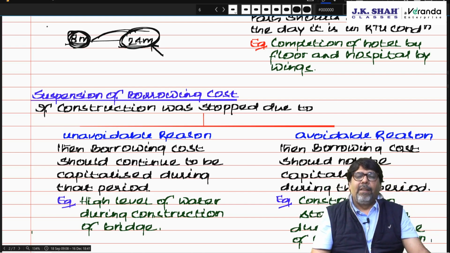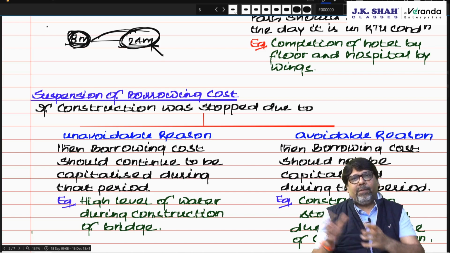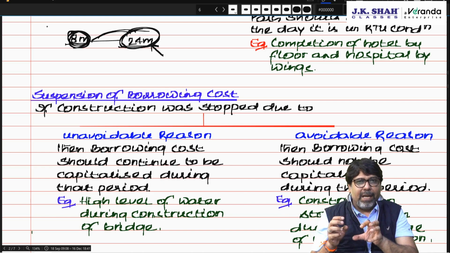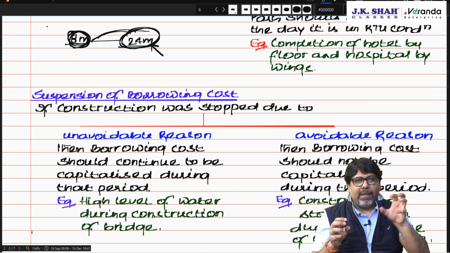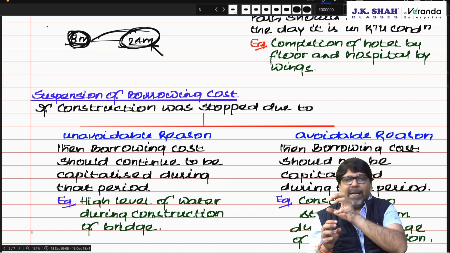Normally, when you start a business, chartered, you buy raw material, so your funds are blocked. Correct? Then the raw material becomes work in progress, it becomes finished goods, it stays in your godown, then it goes to your debtor and it comes back to you.